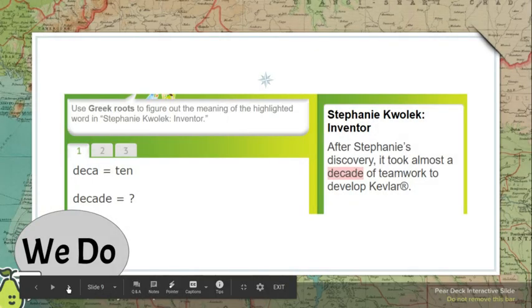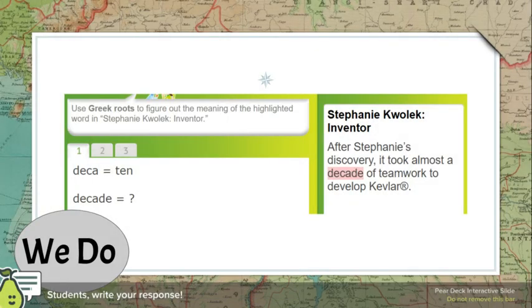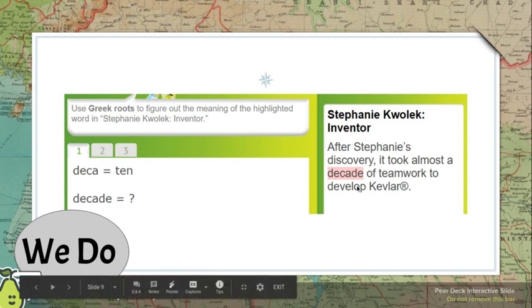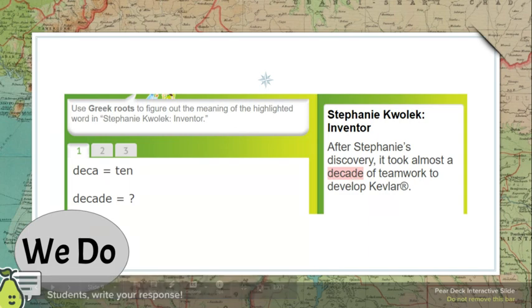Let's try another one. This time, you're going to need that paper and pencil. The next word from the story we're looking at is decade. The text says, after Stephanie's discovery, it took almost a decade of teamwork to develop Kevlar. In the word decade, the Greek root is deca, meaning 10.